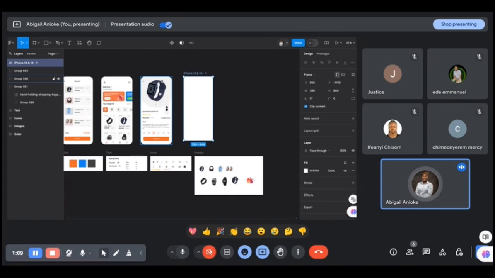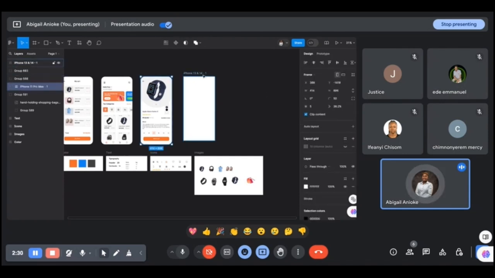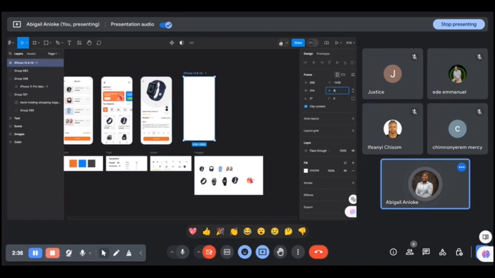I think my network is lagging. So please, if you have a question, just unmute and ask because I am not on the Google Meet page, so I will not really get to see your screen. All right.